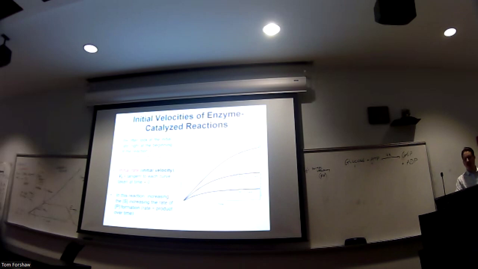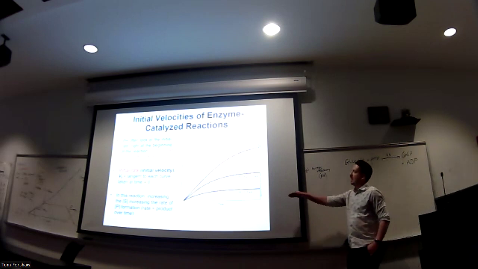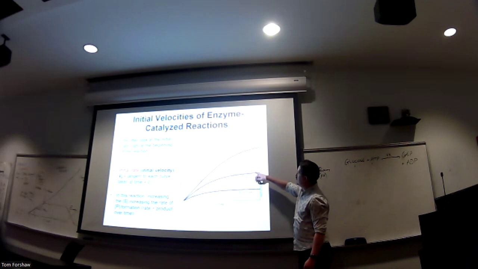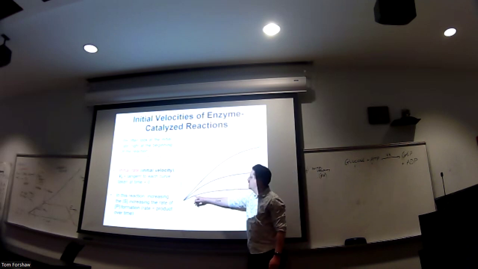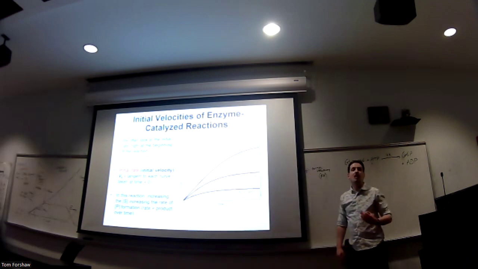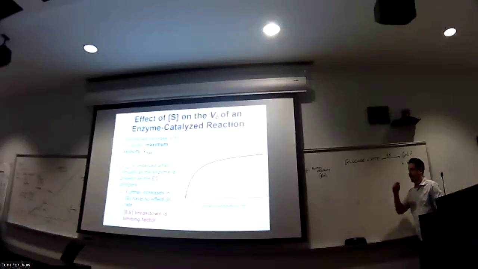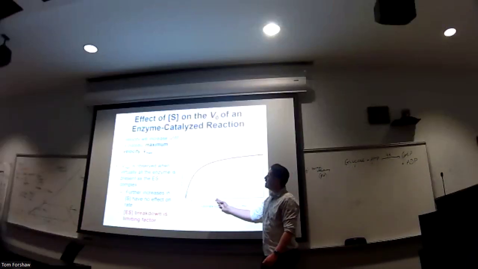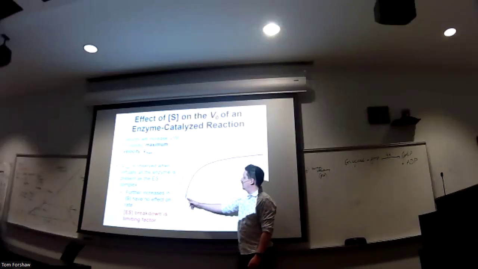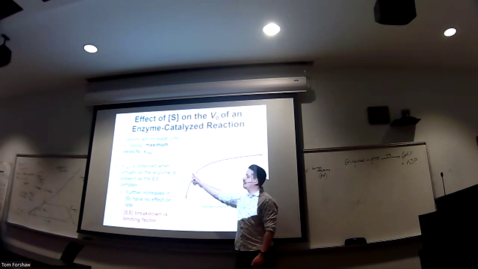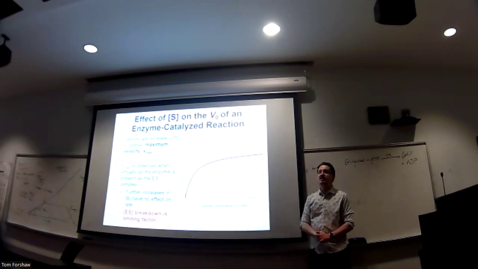If we were to look at the amount of product made over time at different concentrations of substrate, we'll see that as you increase the concentration of substrate, the initial velocity, the steepness, will increase. If we were to plot that onto a graph, we can see that as you increase the substrate concentration, the enzyme velocity increases.